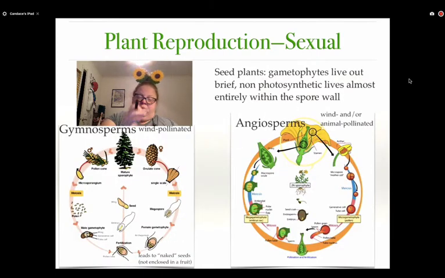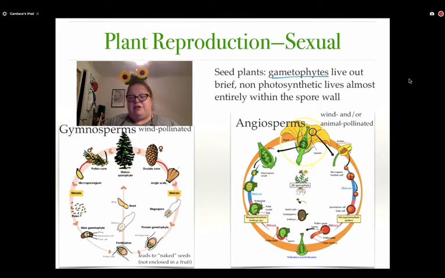All right, so those are the advantages of seeds and what happens to seeds. And so let's talk about the two groups of plants that produce seeds. Those are gymnosperms and angiosperms. Now, the gametophyte and sporophyte terms are not used with gymnosperms and angiosperms so readily.